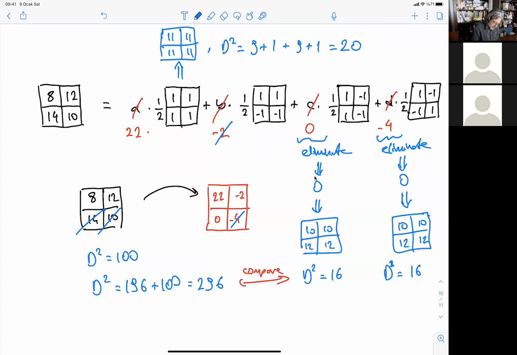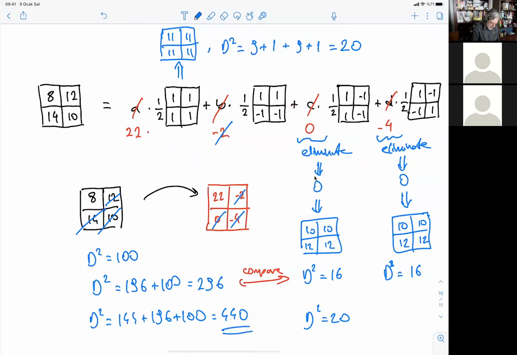So the square distortion, if I further eliminate this one, will be 20. Whereas if you further eliminate this 12, then the square distortion will be 144 plus 196 plus 100, which is 440, I guess. So compare this distortion with this distortion.